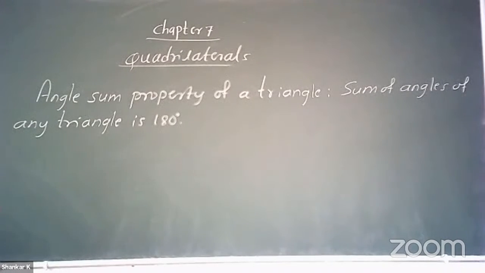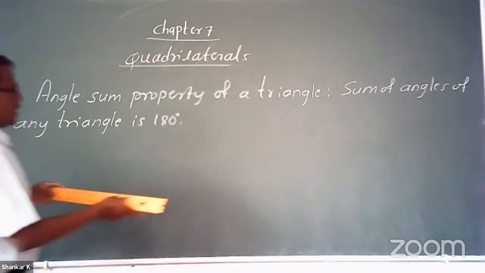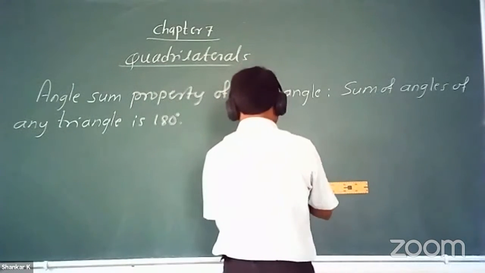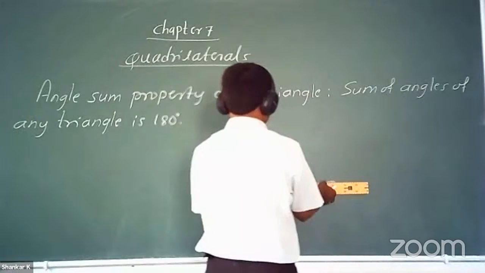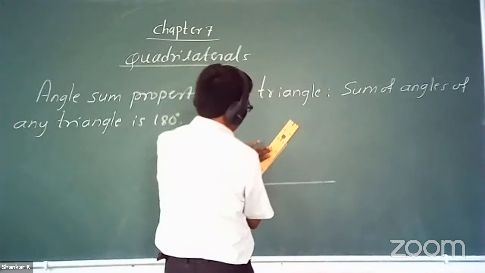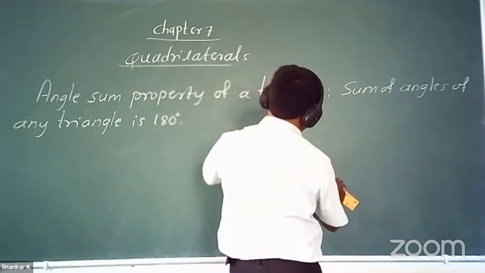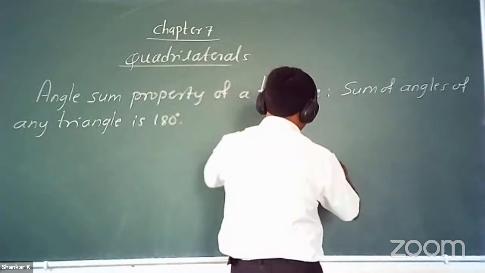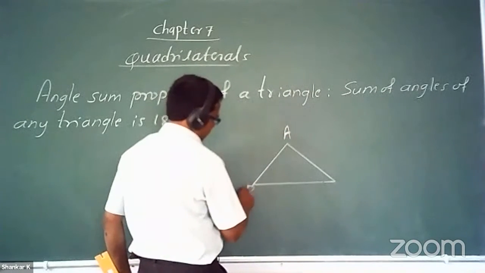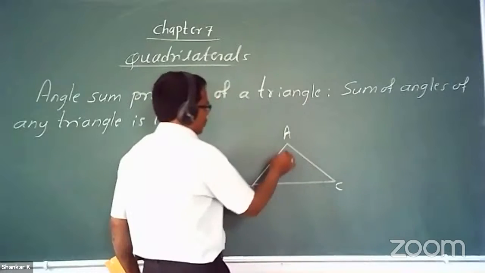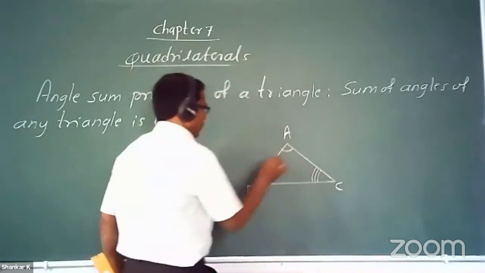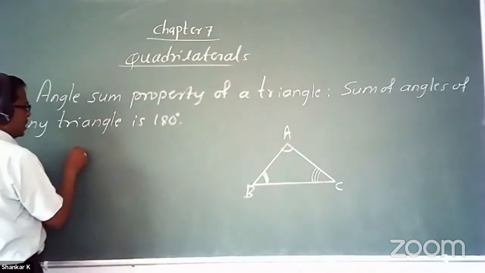This you have already studied. Just to remind you, I am writing. If I draw one triangle ABC, what does the angle sum property of a triangle tell?